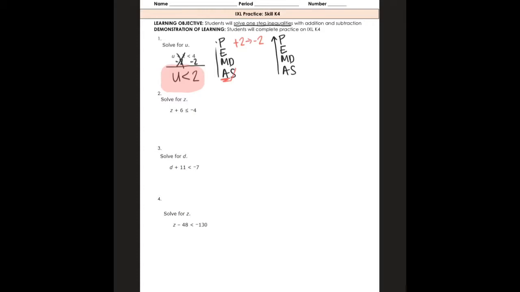I'm going to take this PEMDAS again. We are going to start with, do we have any subtraction? Now here you may think that this is a subtraction, but there is a difference between negative and subtraction.